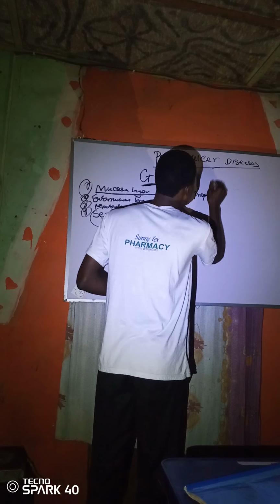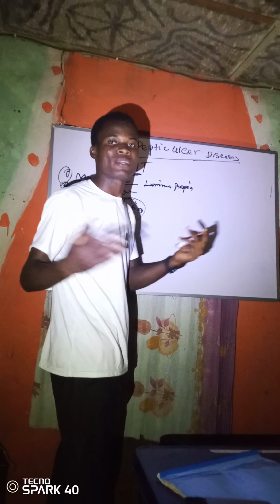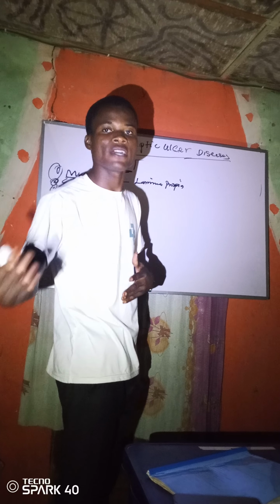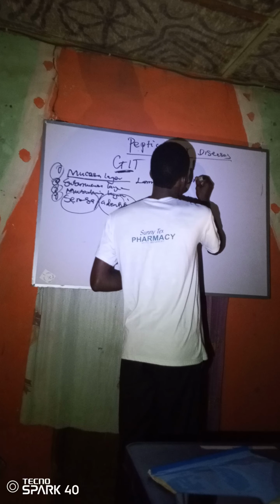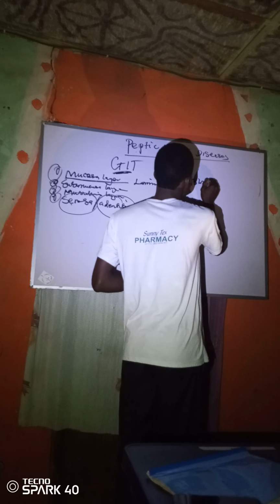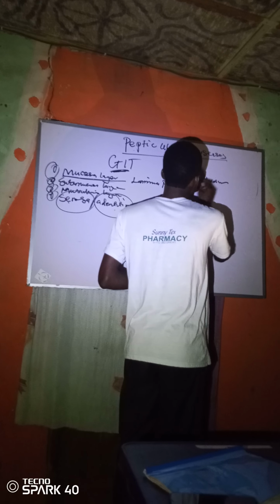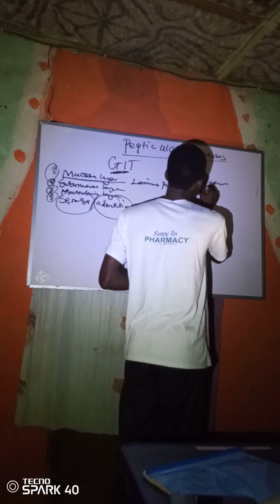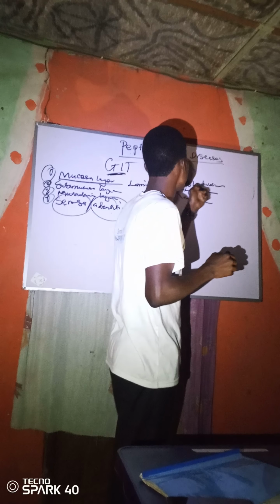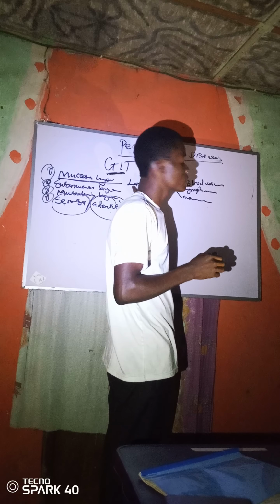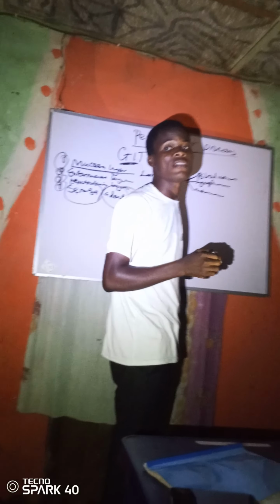The function of this lamina propria is it contains blood vessels, lymph vessels, and nerves. Now, the blood vessels supply blood, the lymph vessels fight against pathogens, while the nerves give signal to the GIT.